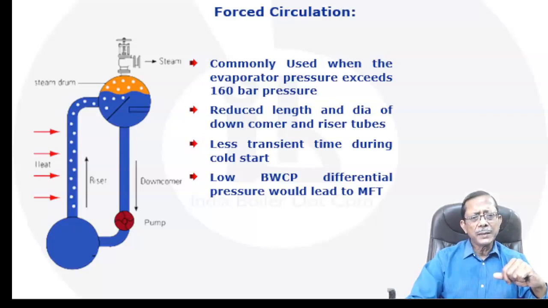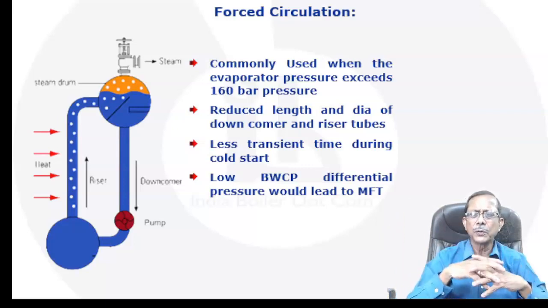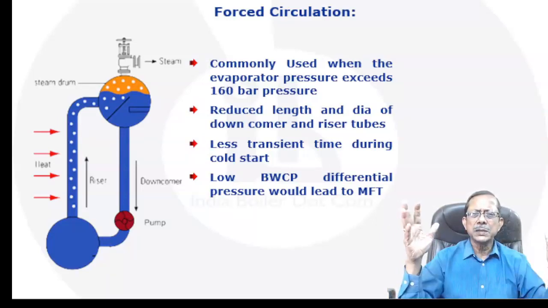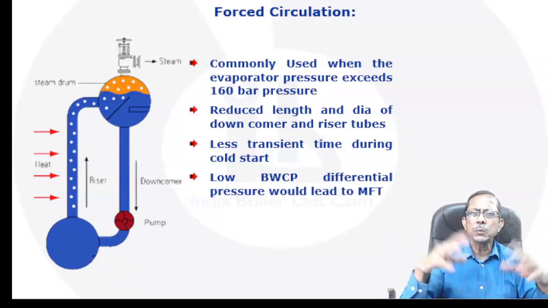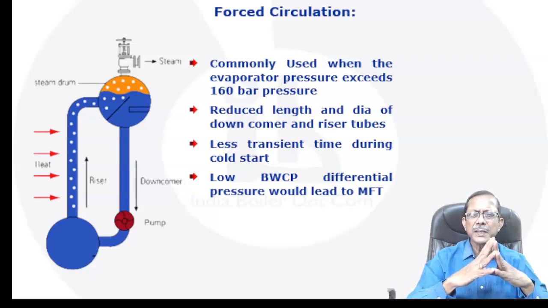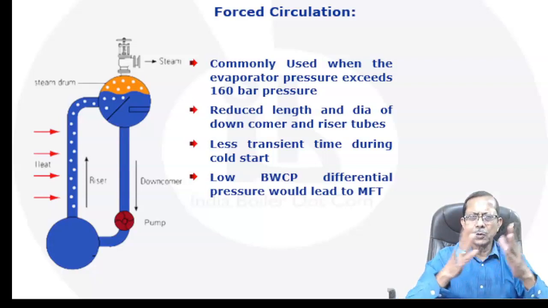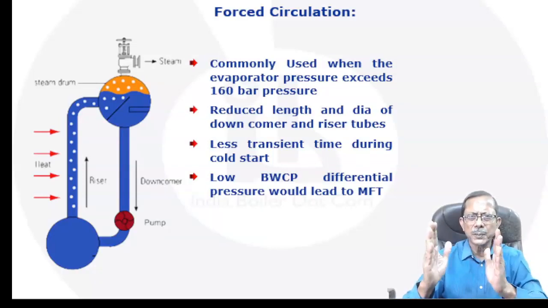And in some cases there is a very sudden fluctuation of load, right? Suddenly the load requirement goes down, and suddenly the pressure goes down, particularly in case of a sliding pressure mode operation. I hope you know what sliding pressure mode operation is, right?